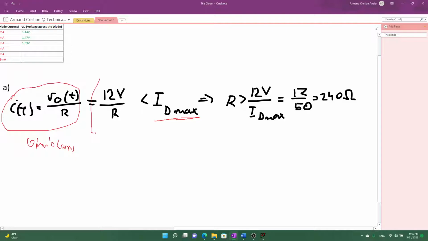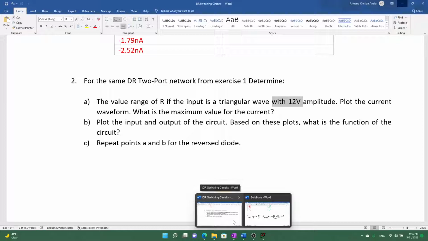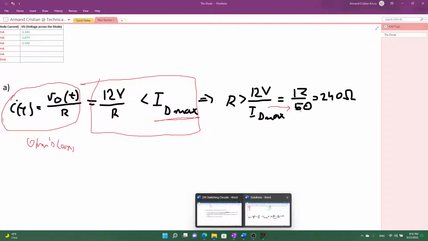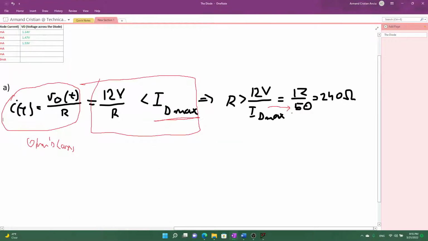Because of this, the resistor should then be greater than 12 volts over the maximum current through the diode. The maximum current through the diode is given to us as well. I forgot to write that in the exercise.